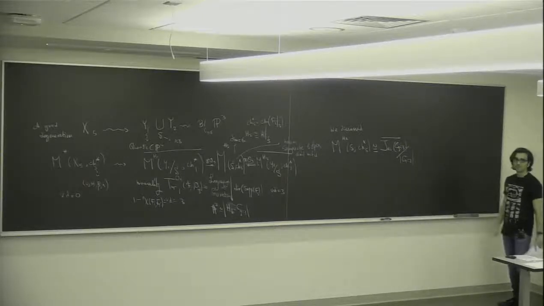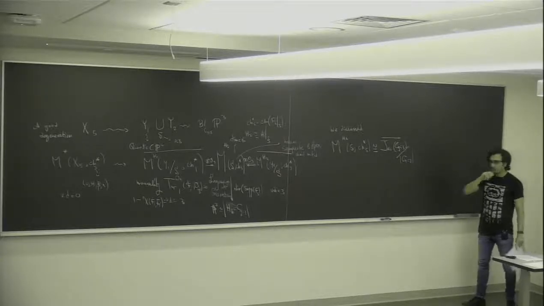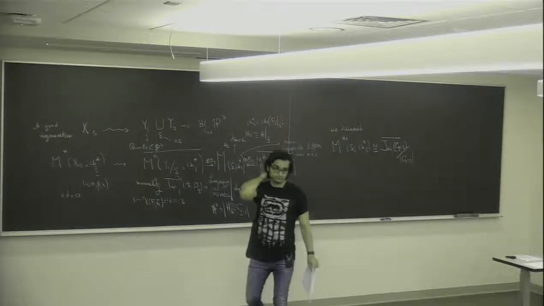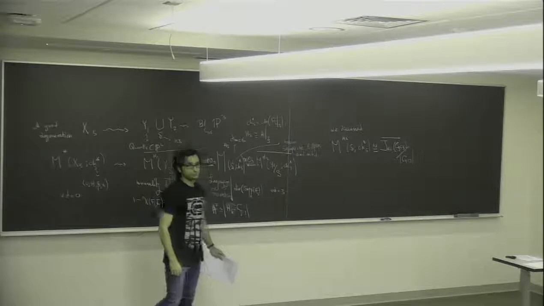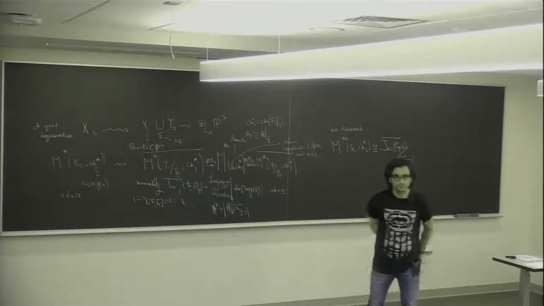How does the singular structure look? In the whole space, the total space? It's smooth. Yes, the total space is smooth. How about the Lagrangian fibration, the fiber?